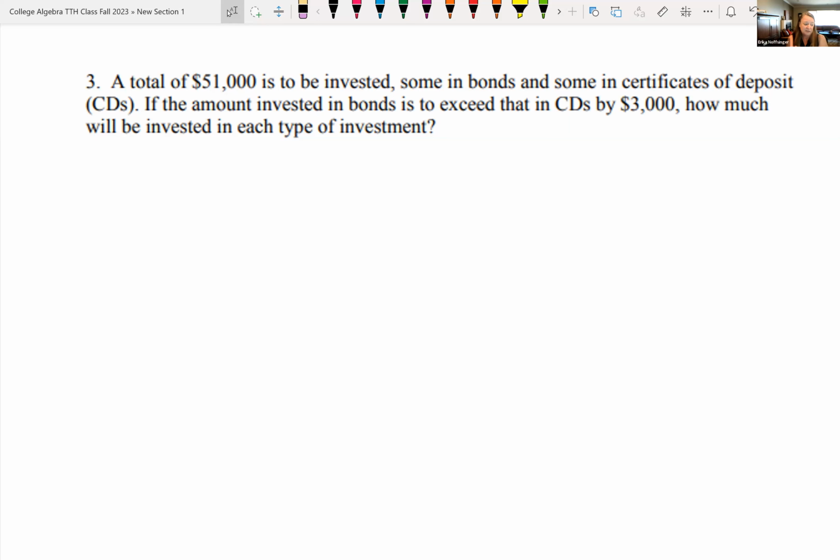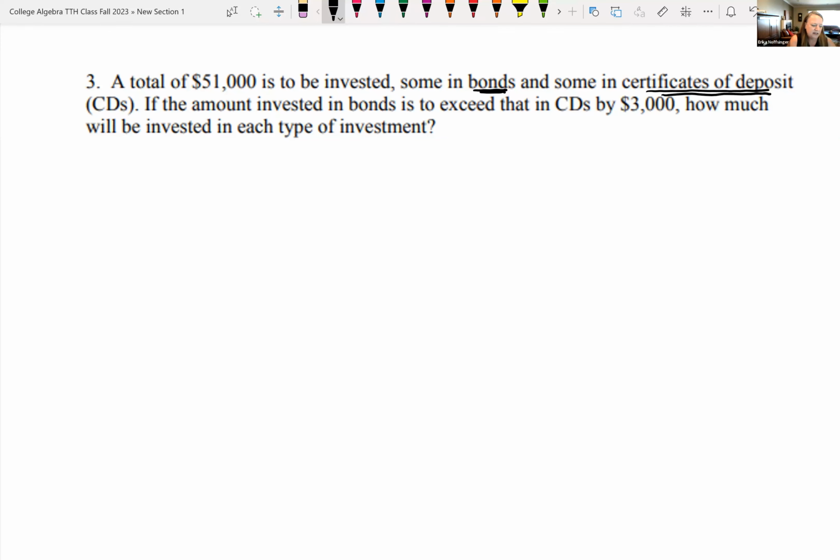Sometimes we need to assign a variable and what that is representing. Usually you can figure out what the variable is based off of the question. So how much will be invested in each type of investment? Recall we have 2 types of investments. We have bonds and we have certificates, CDs.